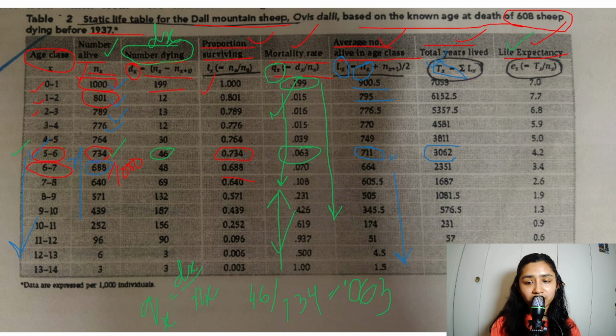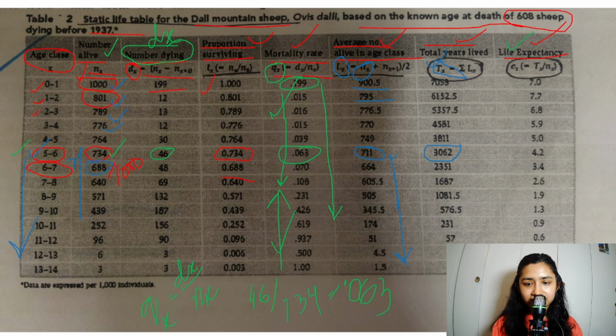So for taking out the TX, you have to take that age class's LX, then all the older classes after it. So 711 plus 701 plus 664 and so on, which will give you 3062.